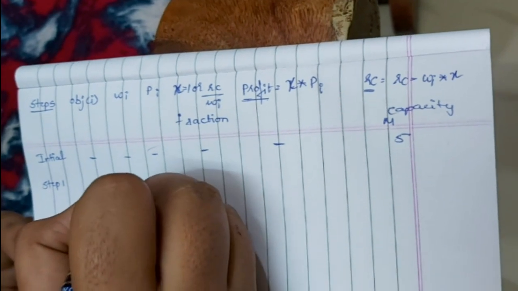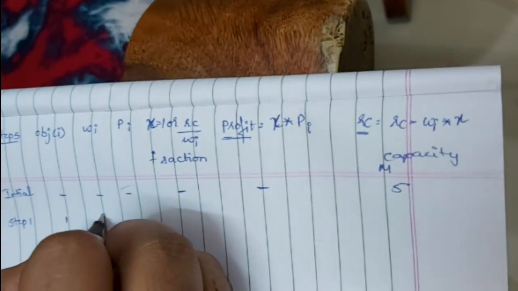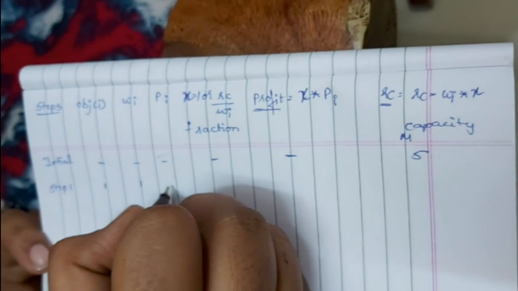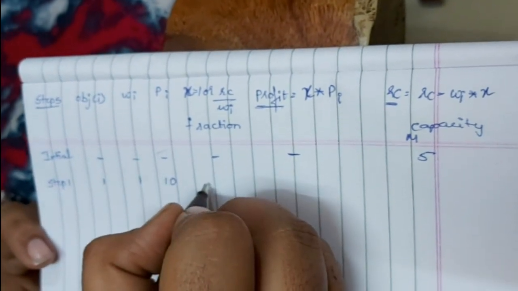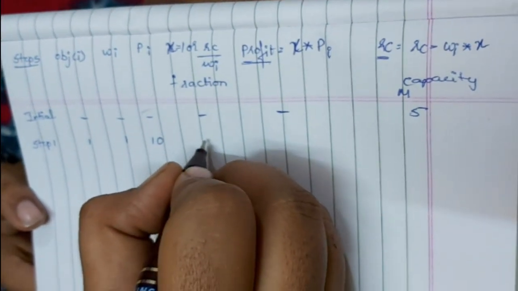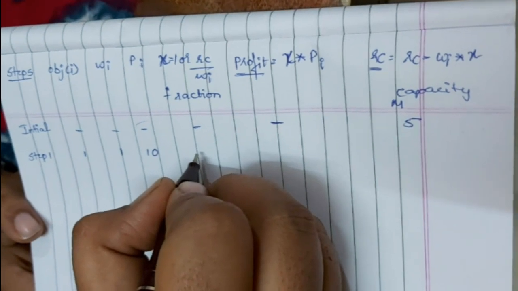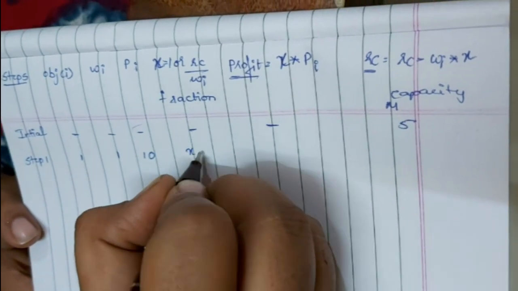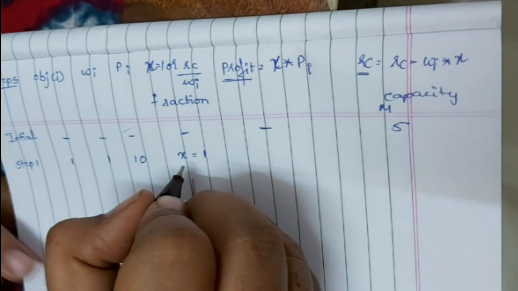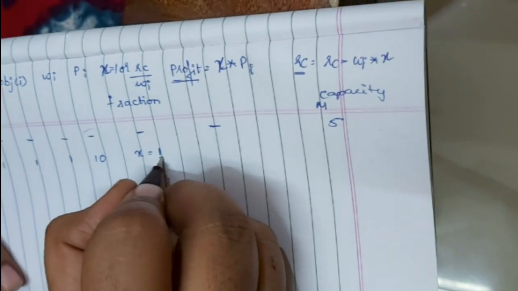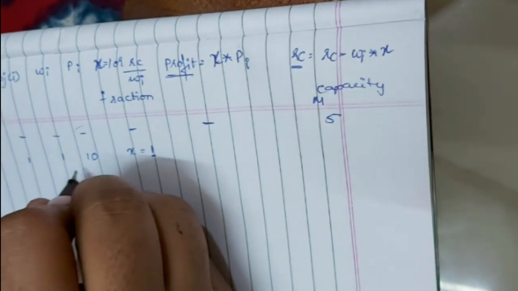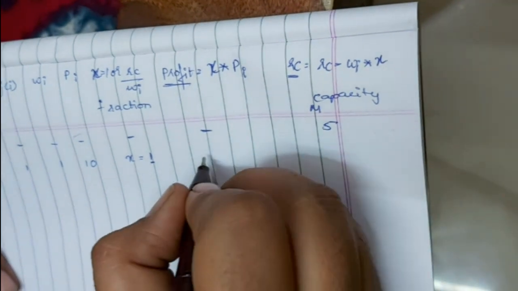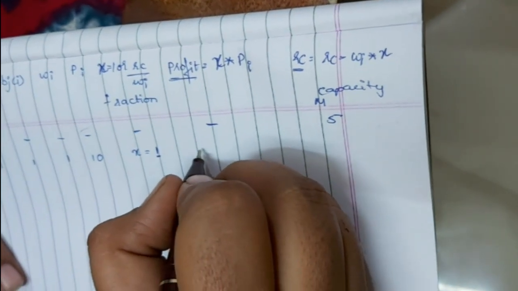The weight is 1 and profit is 10. Now we have to put the whole item into the knapsack because there is a lot of space in the knapsack. So x is equal to 1, because we are going to put the entire item into the knapsack, since this is the first value that we are going to consider.